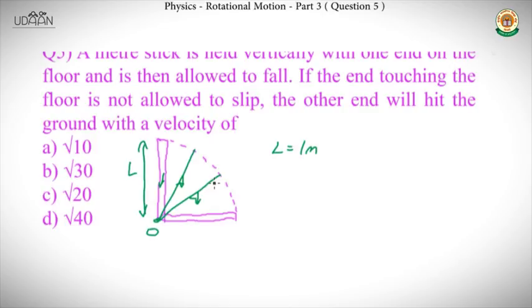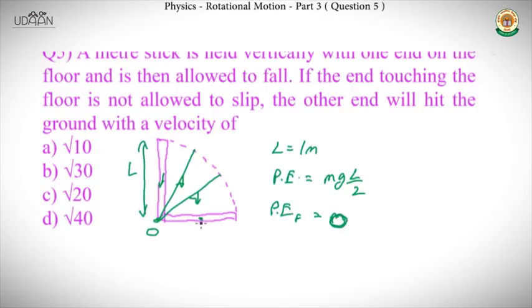So here we can see that the initial potential energy of this meter stick will be equal to mg. Let's write it down. The initial potential energy of the stick will be equal to mg into L by 2, and the final potential energy will be equal to 0. Why so?